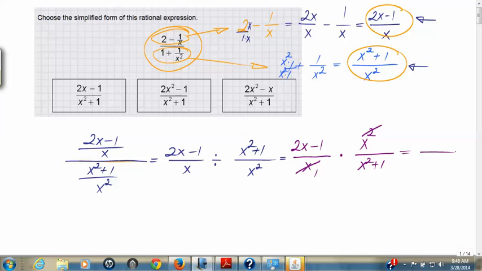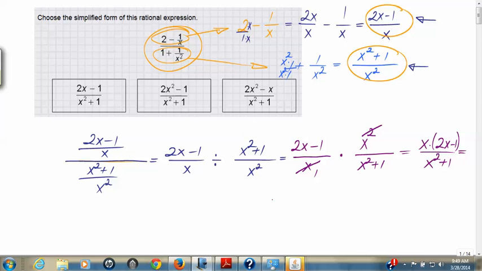And then you need to multiply top by top, bottom by bottom. So what you have is x times 2x minus 1, and I'm going to go one step at a time. The way it is here would be 2x minus 1 times x. You know multiplication is commutative, so I can write them backwards just the way I like.